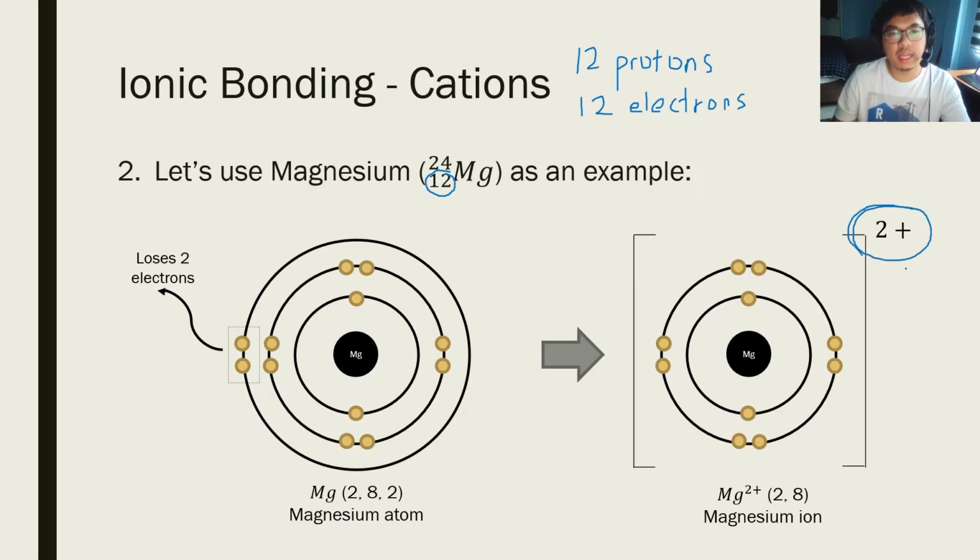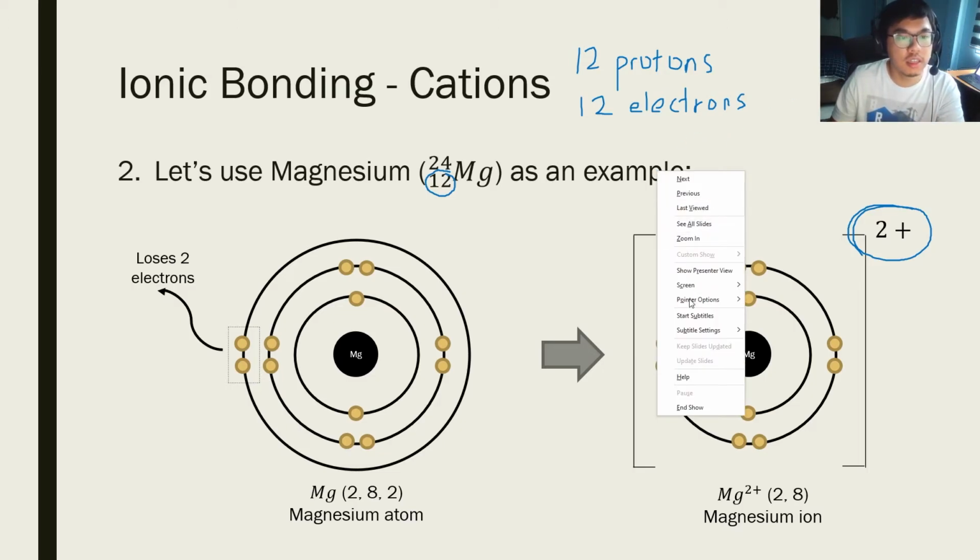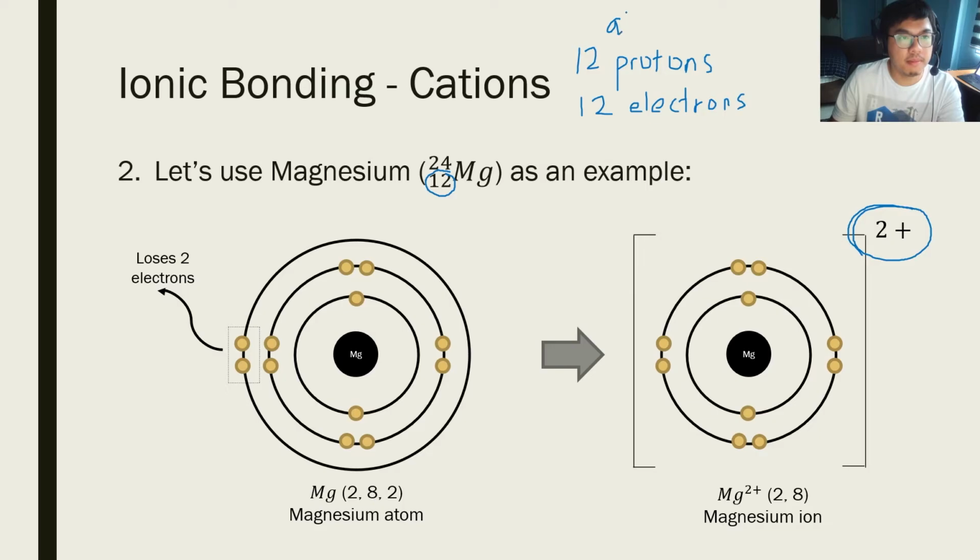Why is it 2 plus? Let's look at the number of protons and electrons. When it was an atom, it has 12 protons and 12 electrons. But then when it becomes an ion, how many protons? 12. Still the same. Nothing changed with the protons. What about the electrons? It has 12, it loses 2, so 10 electrons left.